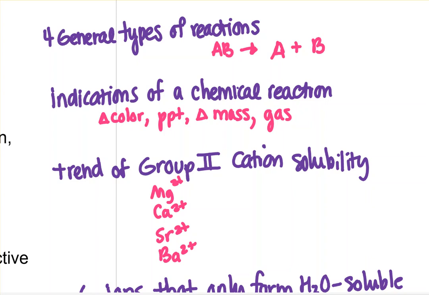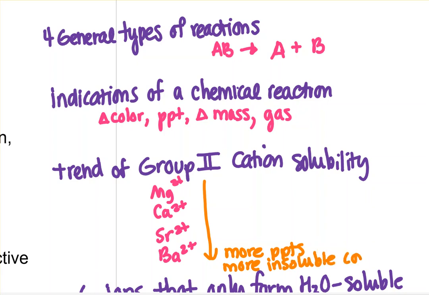So the trend is that as you move down on the periodic table, those cations will form more precipitates. In other words, they will have more water insoluble compounds.